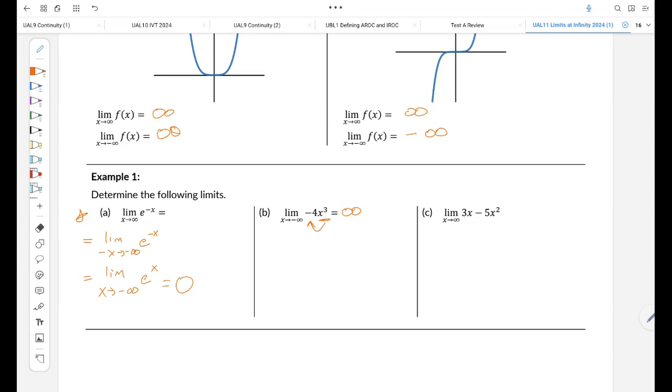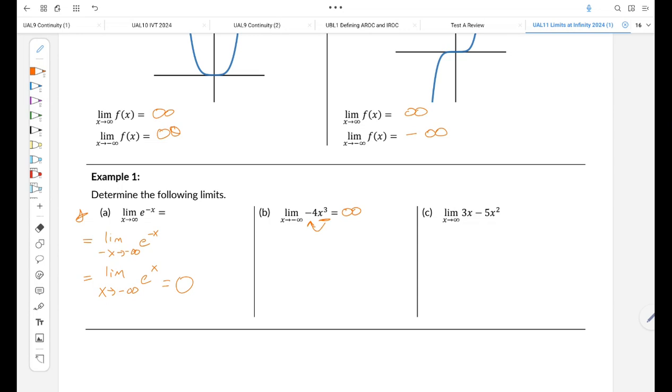But when you square it, you're going to have 5 with 12 zeros after it, right? So when you go to subtract those, you've got 5 with 12 zeros after it, and then 3 with 6 zeros after it. You're still going to be really, really close. Like this number is the one that matters, right? If you want to know what ballpark you're in, this is the number that matters.